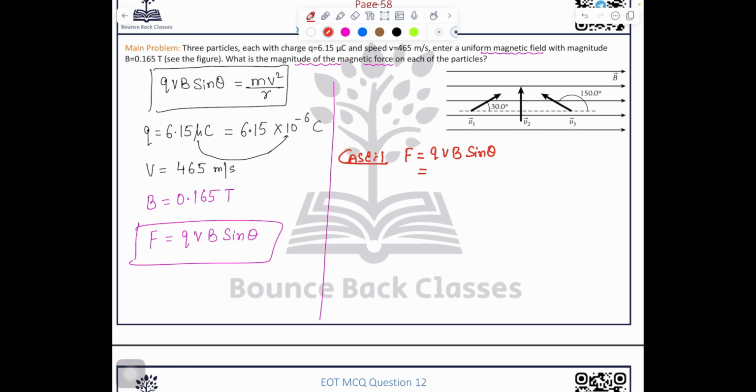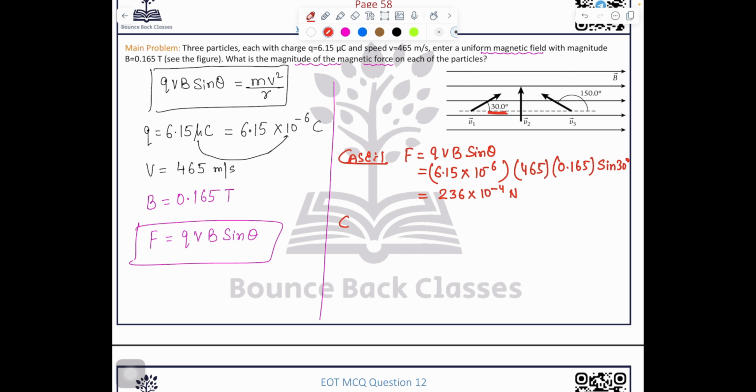What is Q? 6.15 multiplied by 10 raised to power negative 6. Okay. What is the velocity? 465. What is the B? 0.165. What is the angle? Sine 30 degree. Guys, you just need to place all these values in your calculator and you will get 2.36 times 10 raised to power negative 4 Newton.